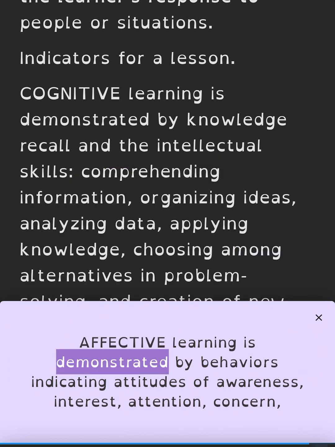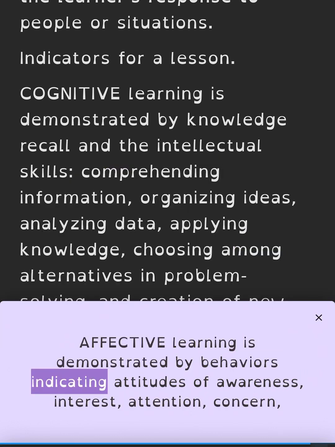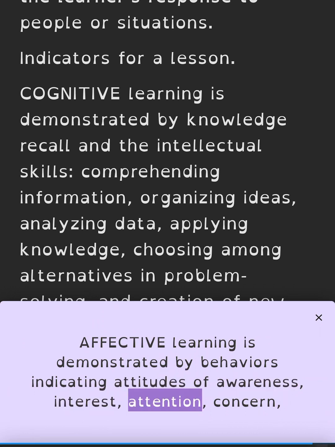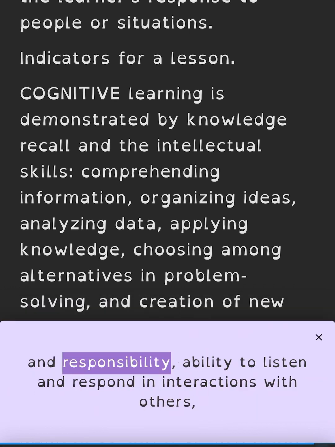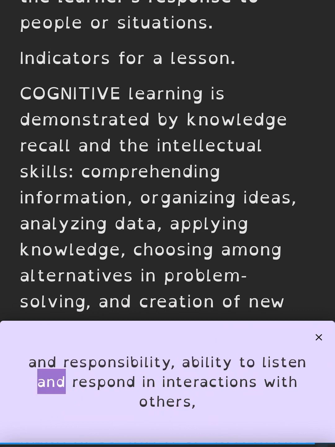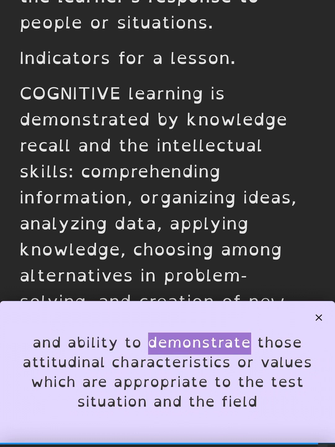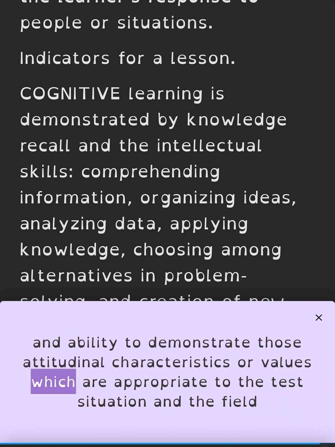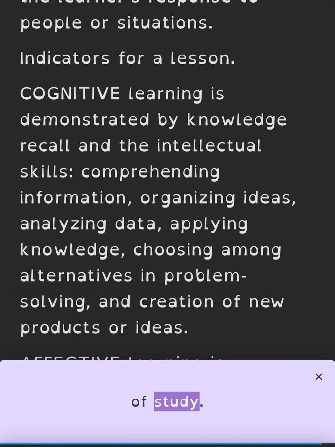Affective learning is demonstrated by behaviors indicating attitudes of awareness, interest, attention, concern, and responsibility, ability to listen and respond in interactions with others, and ability to demonstrate those attitudinal characteristics or values which are appropriate to the test situation and the field of study.